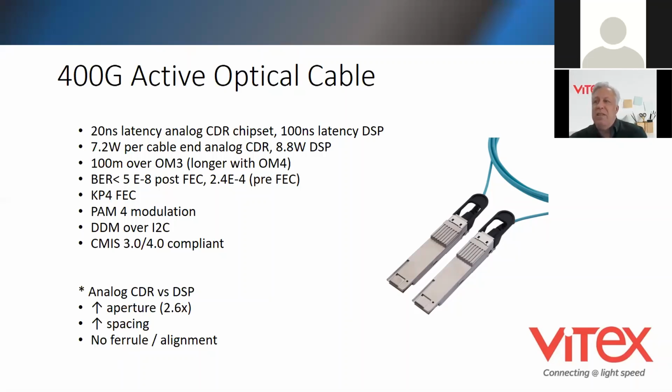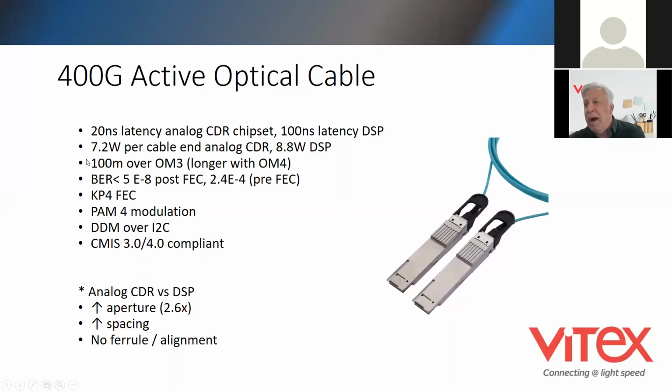One is an analog CDR chipset, and one is a digital signal processing chipset. The latency is far better with the analog chipset at 20 nanoseconds, and it goes up to a little over 100 nanoseconds latency with the DSP. Once again, remember that all the latencies are additive. So if you're doing a lot of transactional data swaps, you probably really want to look at either the AEC or the analog chipset for the AOC.